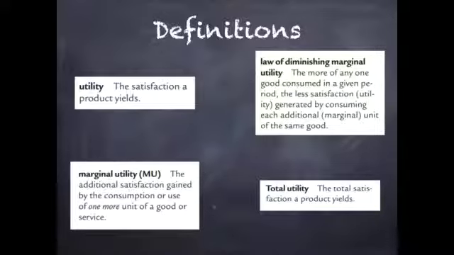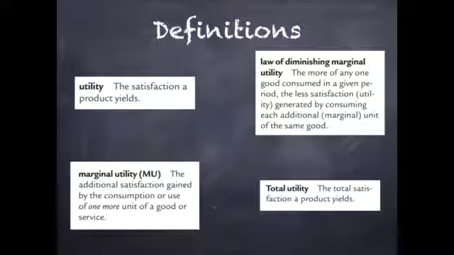Marginal utility would be how much utility I got from consuming the first pizza, and then I would have marginal utility from consuming the second pizza, the third pizza, the fourth pizza, and the fifth pizza. So the marginal utility is how much your utility increases by consuming one additional unit.